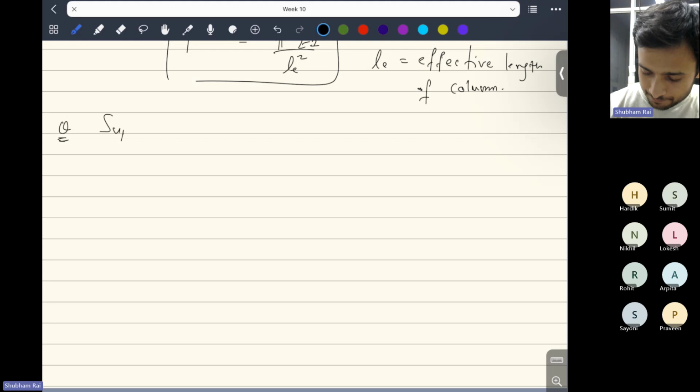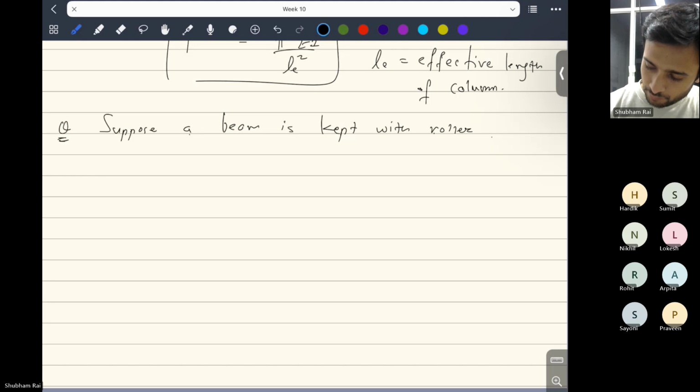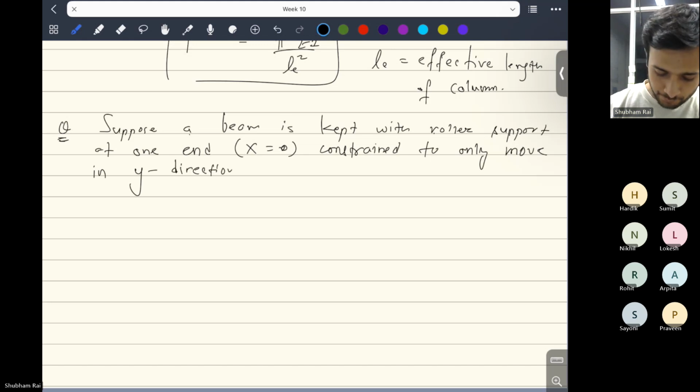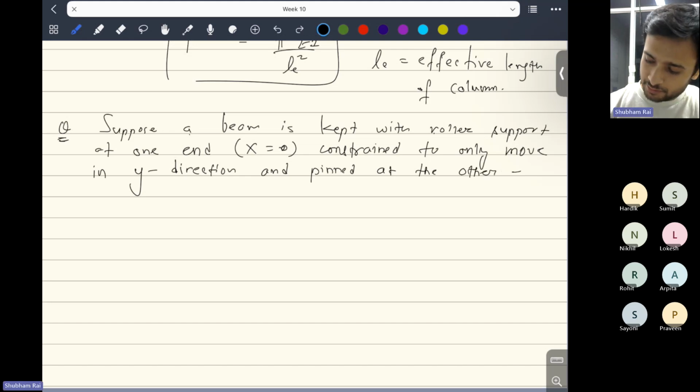So the question is, suppose a beam is kept with a roller support at one end, that is at x equal to 0, constrained to only move in the y direction, and pinned at the other end. The other end is at x equal to L, as shown in the figure.